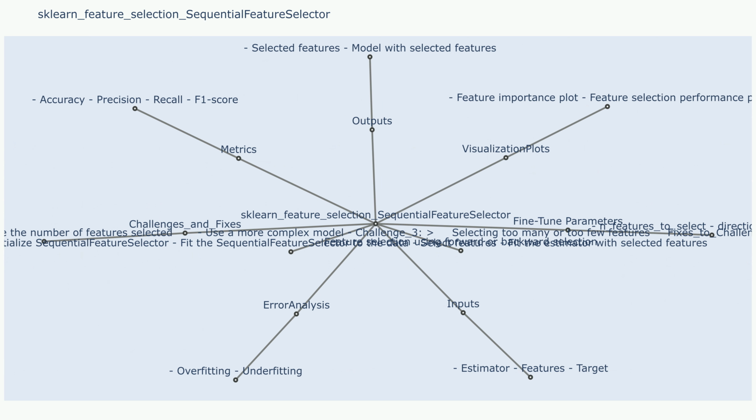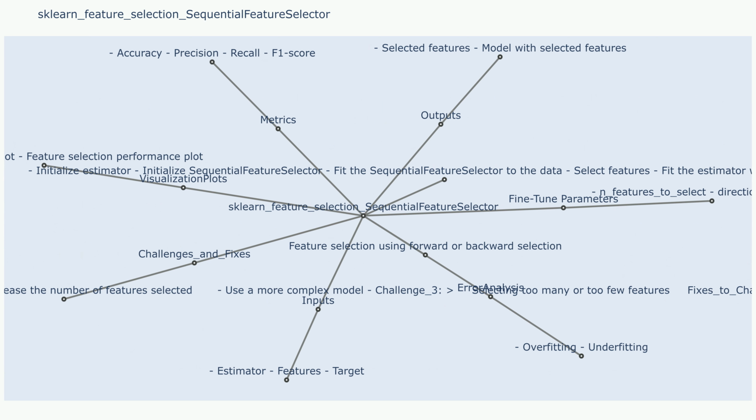Steps. Initialization: the feature selection process starts with either an empty set of features for forward selection, or with all features for backward selection. Feature evaluation: for each iteration, the algorithm evaluates the performance of the estimator with the current set of features using the specified scoring function and cross-validation.